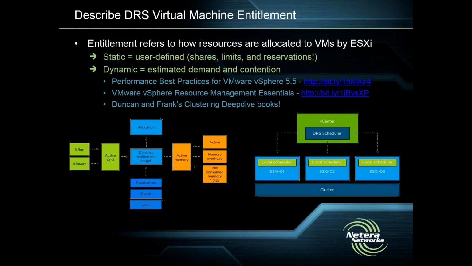Same with CPUs. But if you had a VM configured with 4 gigs of memory and you put a limit on of 2 gigs, then no matter what else is going on on that particular host, that VM will not be able to use more than 2 gigs of memory. And a similar idea applies with the vCPUs.